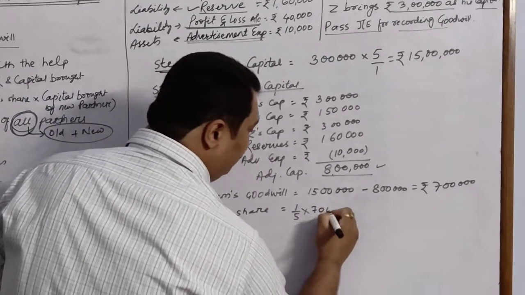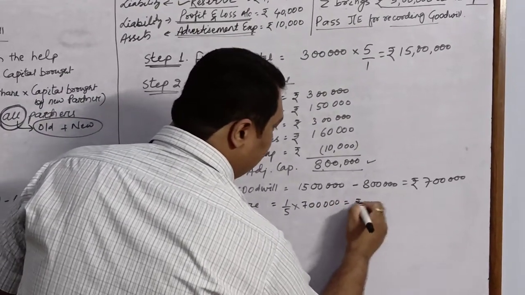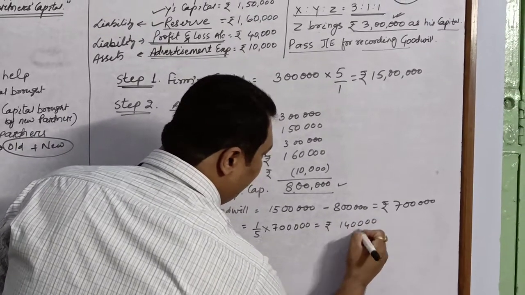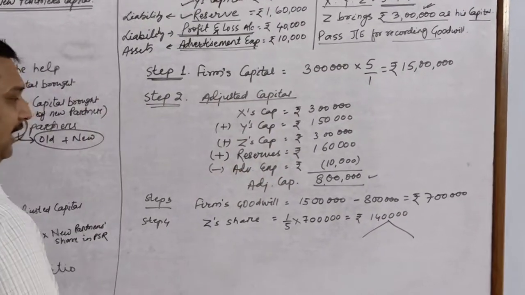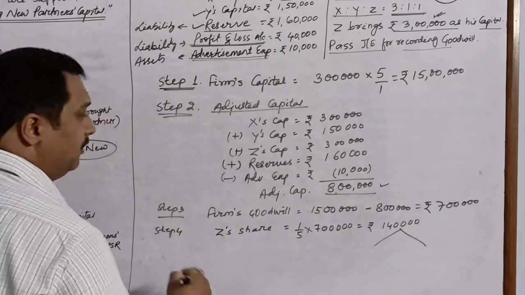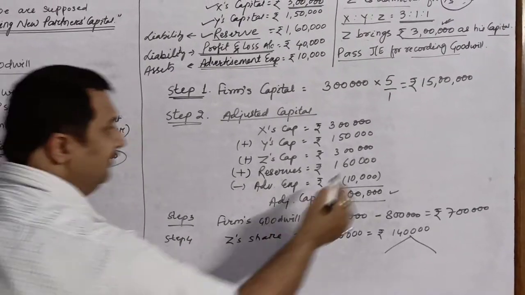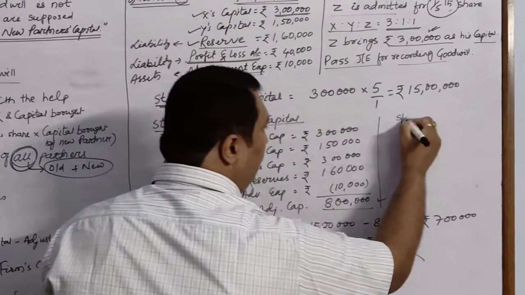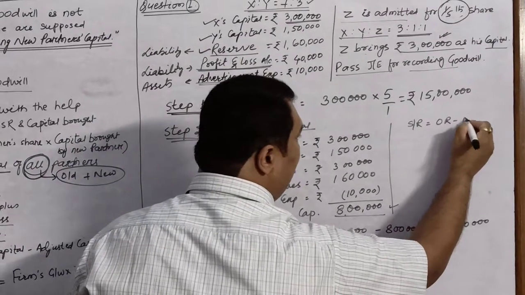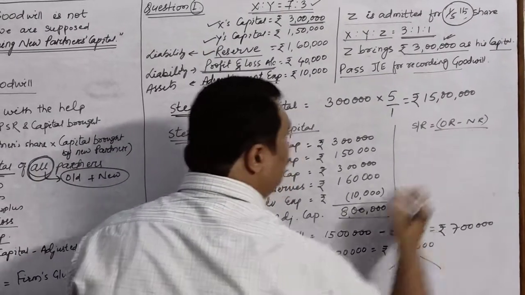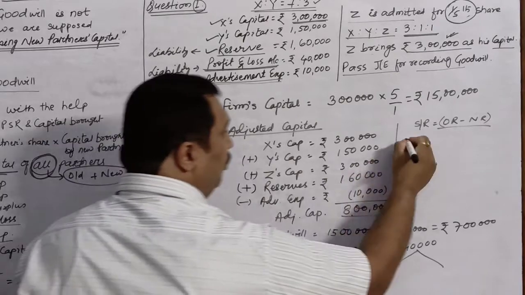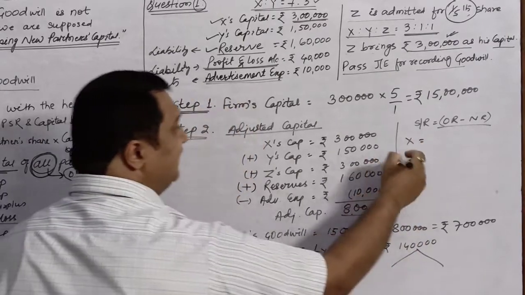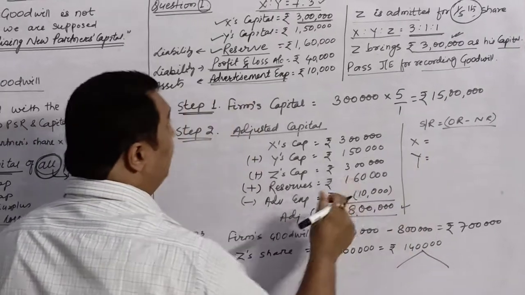So 1/5 of rupees 7 lakhs is rupees 1,40,000, and this we will distribute in the sacrificing ratio. So we are supposed to calculate the sacrificing ratio. Sacrificing ratio can be calculated by subtracting the new ratio from the old ratio. Who may sacrifice? It may be sacrificed by X or Y. What is the share of X?